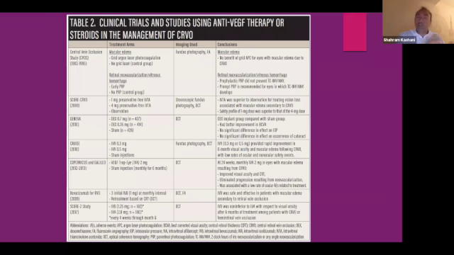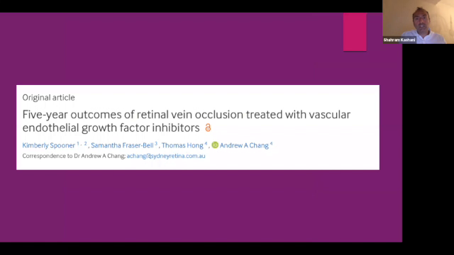But as I said, my general view is that if they've glaucoma and are phakic, I tend to use anti-VEGF, and if they're pseudophakic and they have had lots of cardiovascular disorders, I tend to go for Ozurdex. Or if they really don't want to come on that often, then probably Ozurdex.